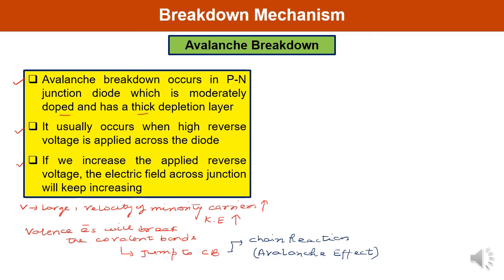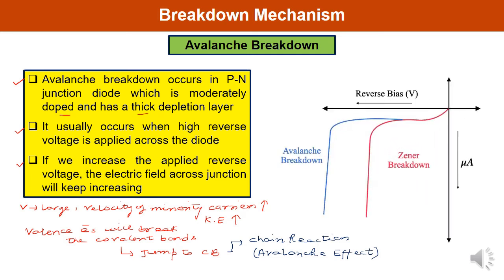You can draw the avalanche breakdown in this manner. You can see in this particular diagram, again a curve is being plotted between the voltage and current. Since we are talking about the breakdown mechanism, in the reverse bias condition the curve is plotted.